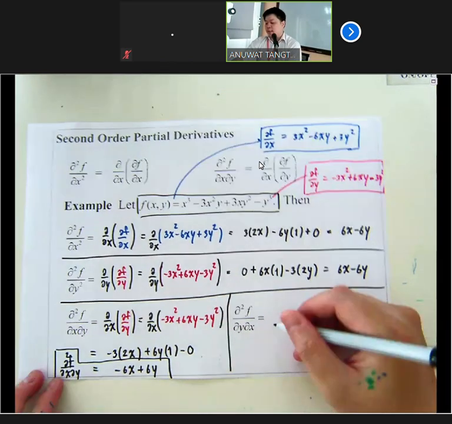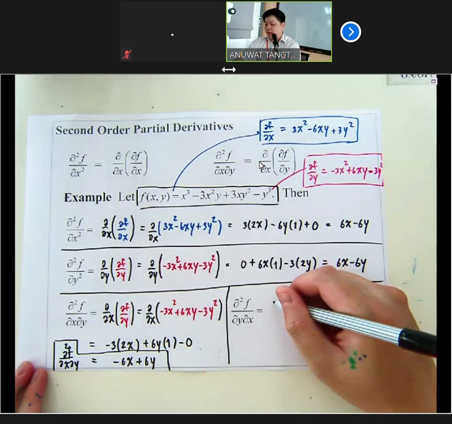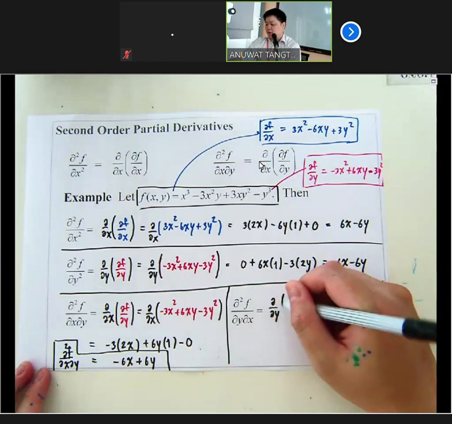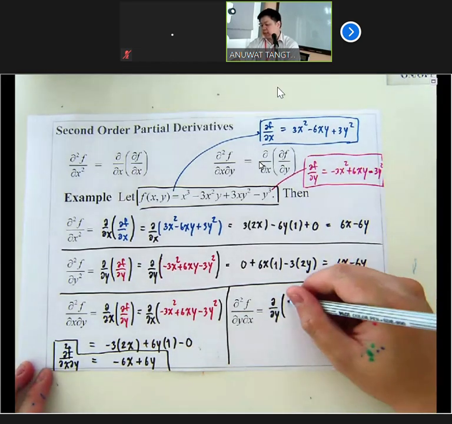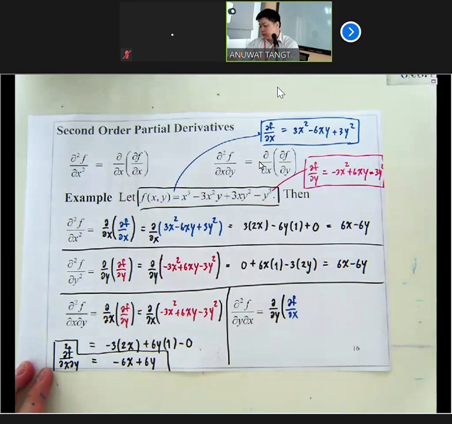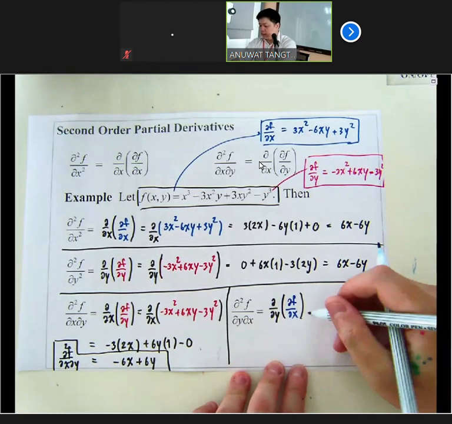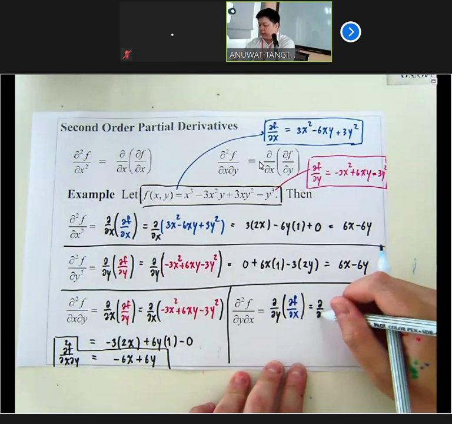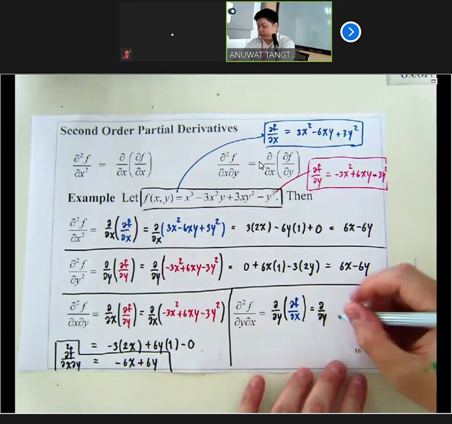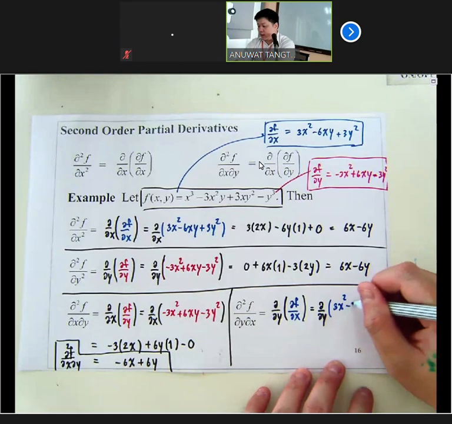And the last one, d square f by dy dx, so this is d by dy of df by dx. And that would be 3x squared minus 6xy and then plus 3y squared.